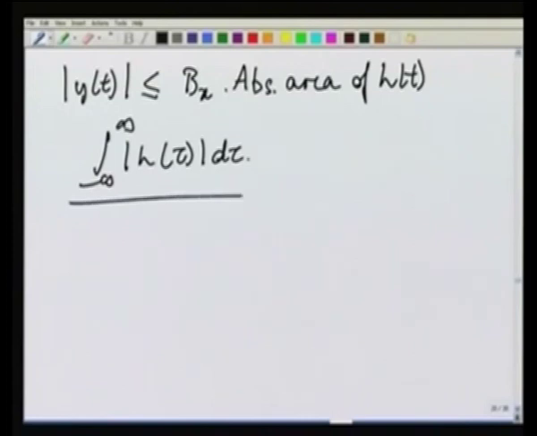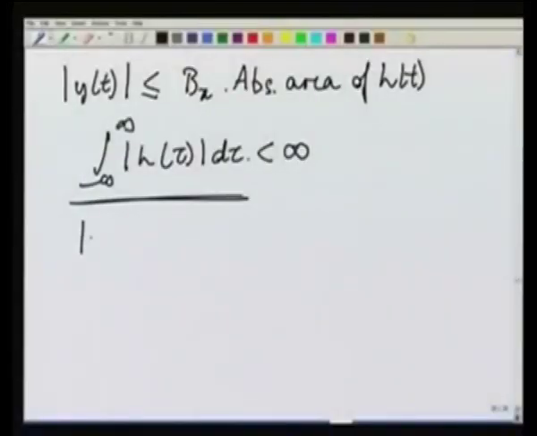If this quantity that we have called the absolute area of h(t) is finite, then Bx times this is also finite, because any finite number multiplied by another finite number is also a finite number, and thus mod y(t) will also be finite. Therefore, we will have a bound for y(t).